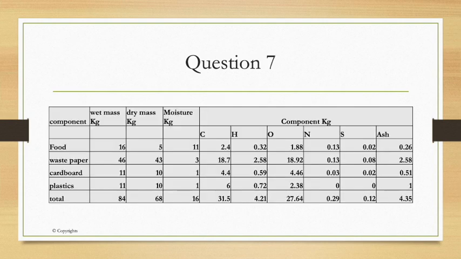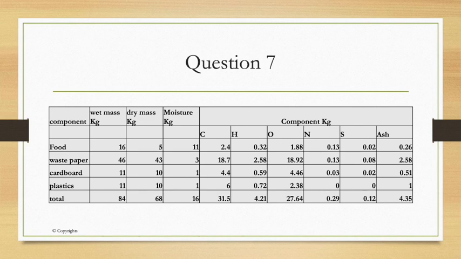In question 7, as you can see, it's a big question. The question provides you with the amounts of the components in the waste: food waste, paper, cardboard, plastics, and the total, the wet masses, dry masses, moisture in kilograms, and the component in each one of them.